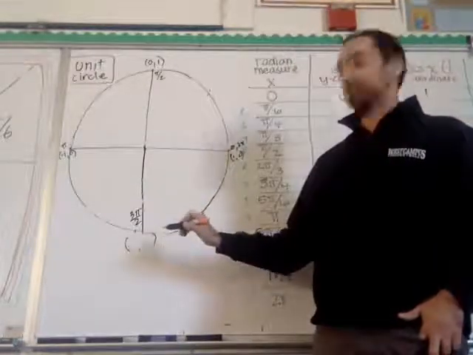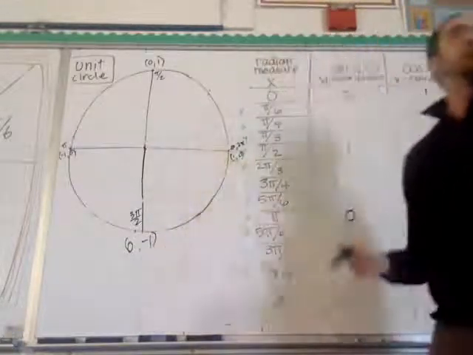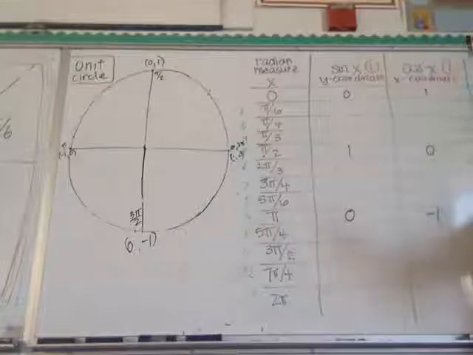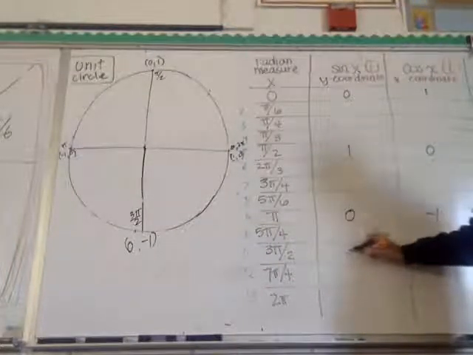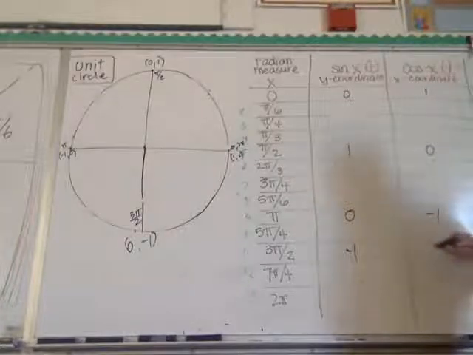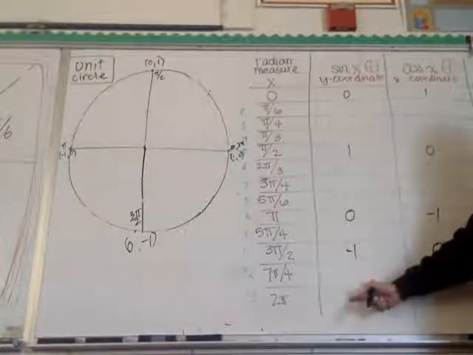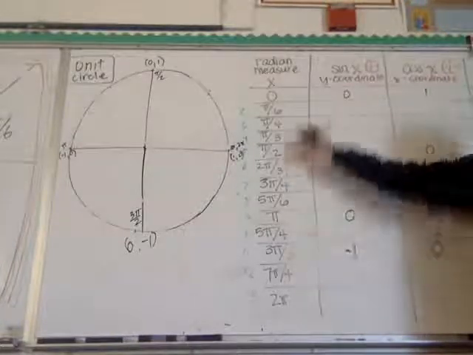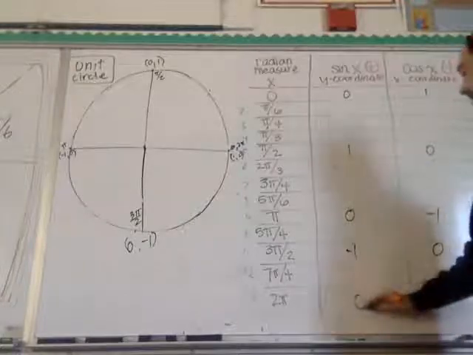Let's keep going. There's a bunch of ways to find this, even using your calculator. But here we have -1. There we have 0. Everyone agree that the measurements at 2 pi and 0 are going to match? Everyone agree. That's all the way around. You start at the beginning again.